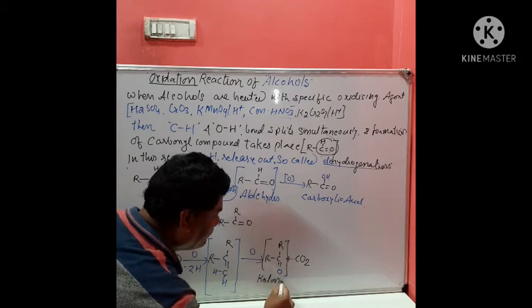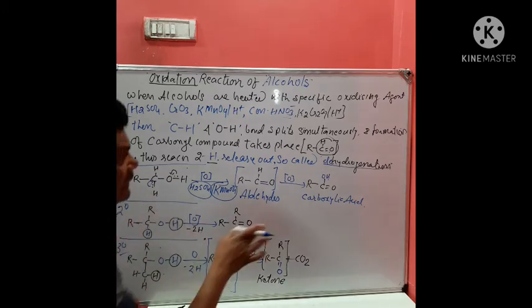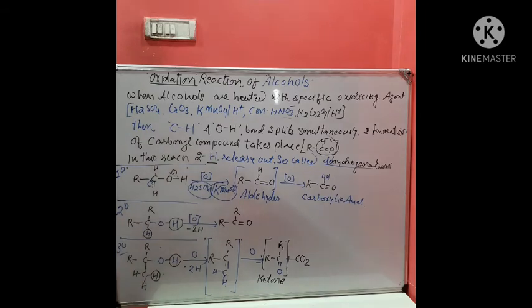In this way the ketone will form. But first the alkene will be formed if we are getting a tertiary alcohol. So this one is a tertiary alcohol, this one is a secondary alcohol, and this one is a primary alcohol. So this is 1 degree alcohol, this is 2 degree alcohol, and this is 3 degree alcohol. All these are under the oxidation reaction.